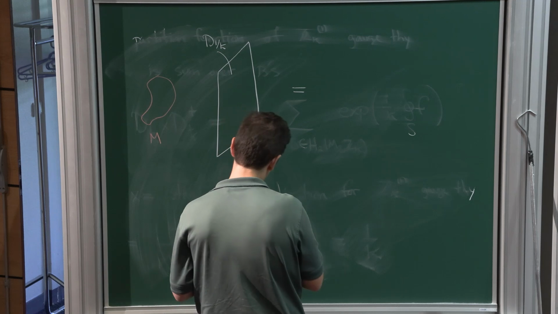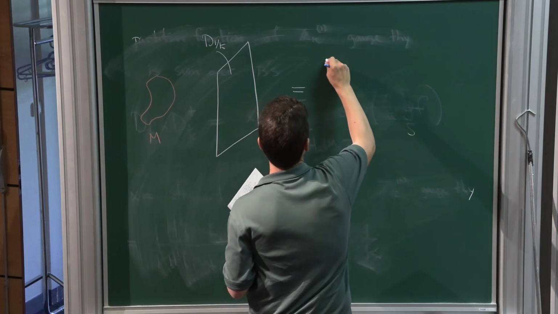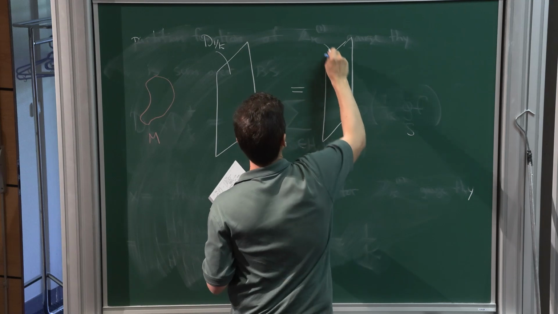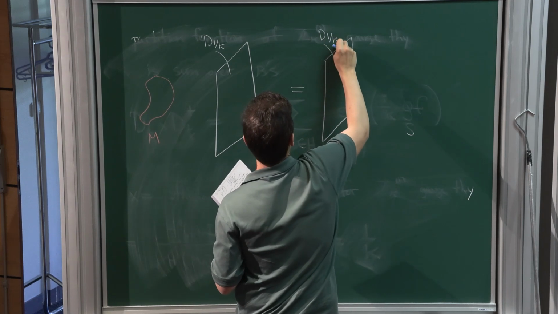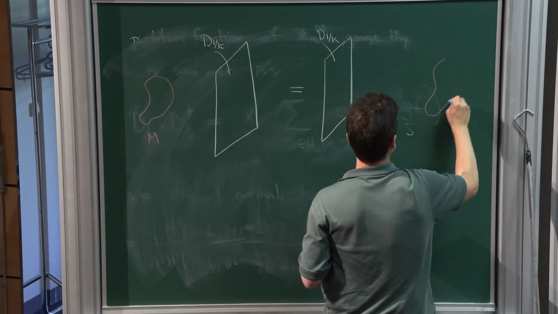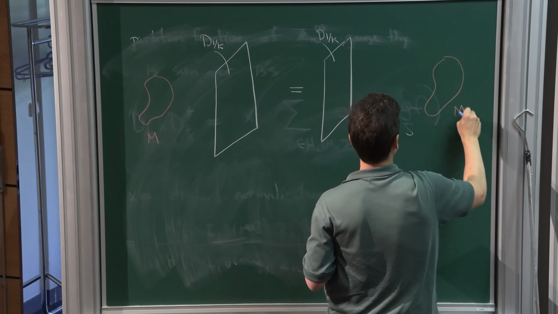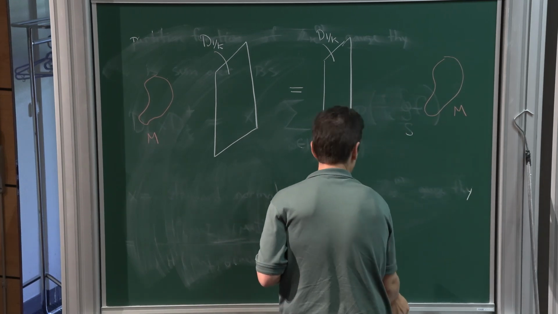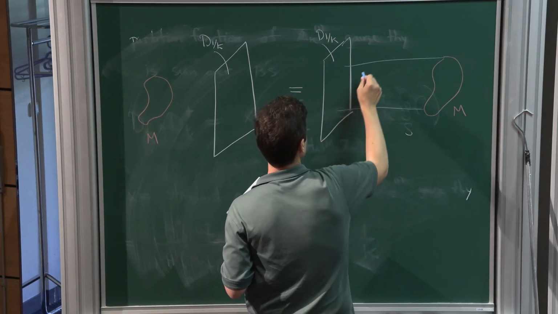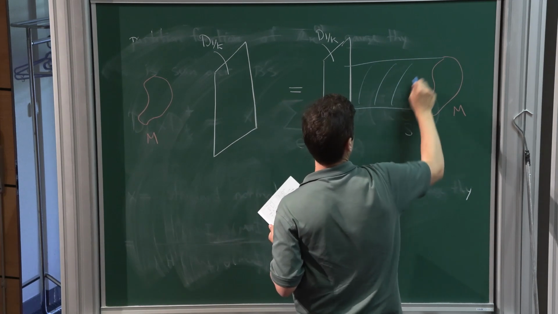That's what acting is supposed to mean. So again, I have here D1 over k. Here again, this m. And there are various choices, but one choice is this one.